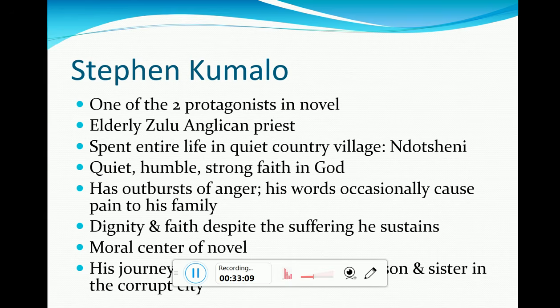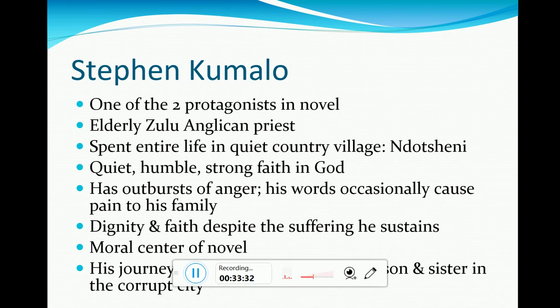But you need to bear in mind, when you read literature, especially stories such as a novel where the plot is very long, you must not be fixated on particular characteristics of a character. The character will evolve, the character will develop against the plot.